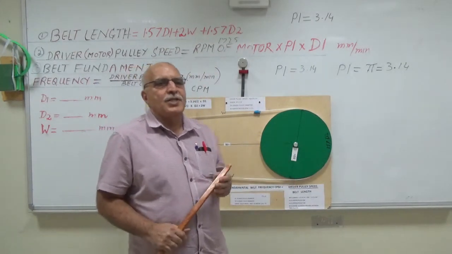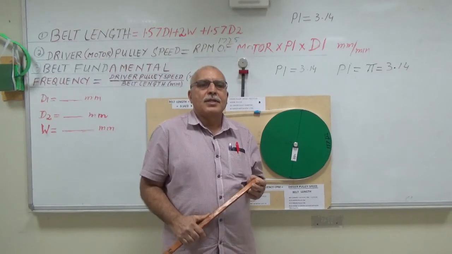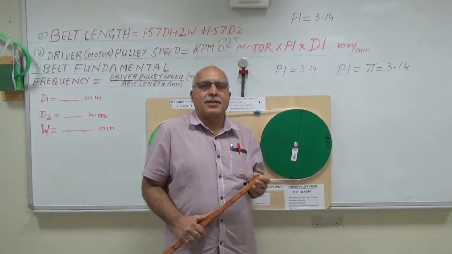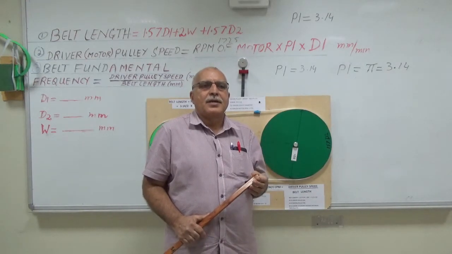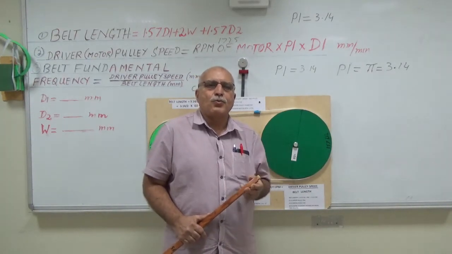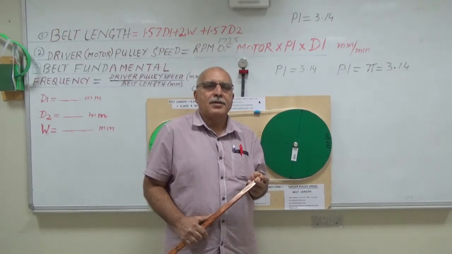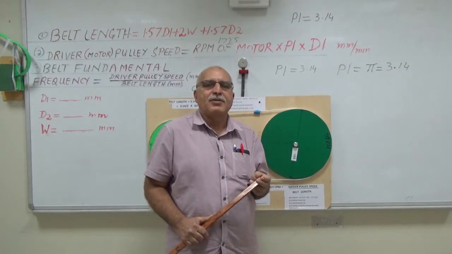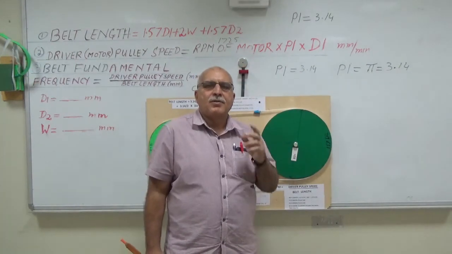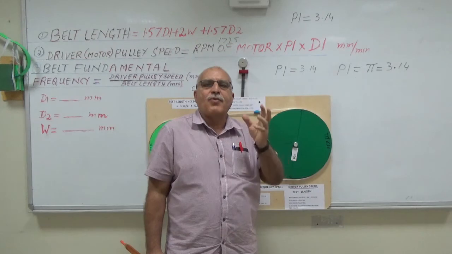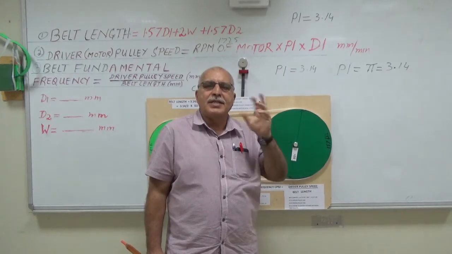We will have to see how many rounds the belt will make in one minute. We will calculate this number of rounds to find out the belt fundamental frequency, because in each round we will consider that there is one vibration.